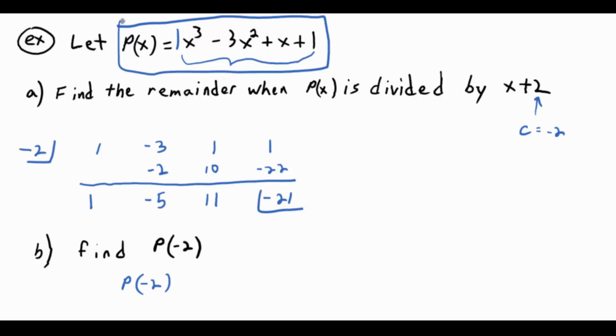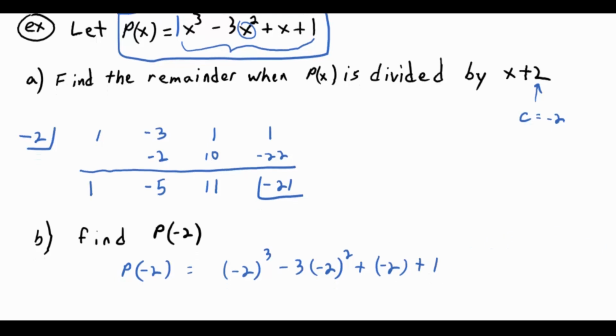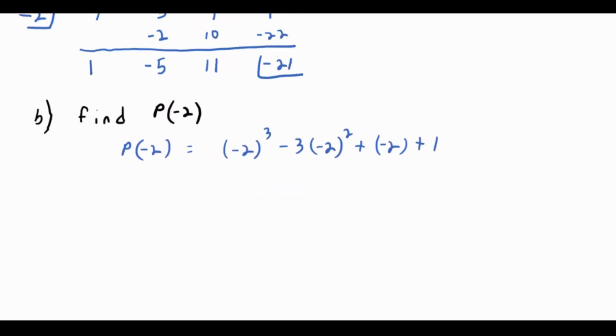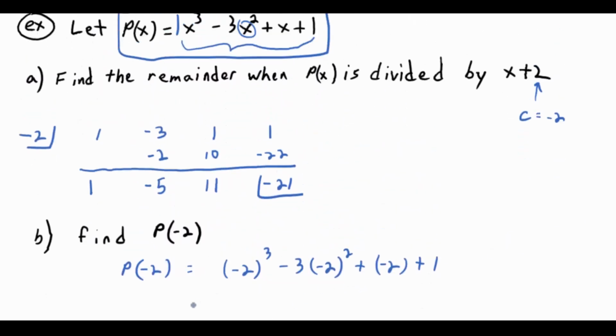So the polynomial function, P of x, what do you do to find P of negative 2? Plug it in, right? So you get negative 2 cubed minus 3 times negative 2 squared, right? I'm plugging in right here. Plus negative 2 plus 1. Okay, and then what's negative 2 cubed?